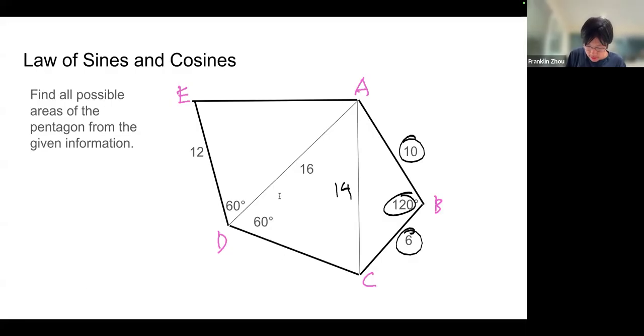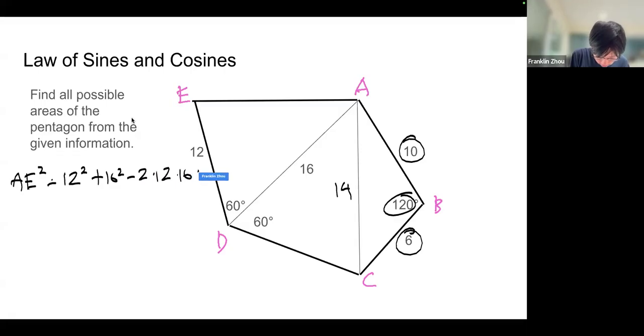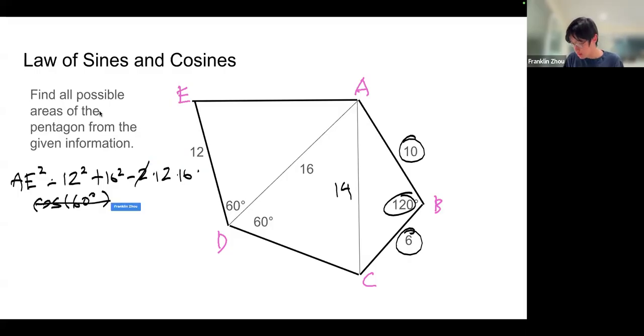But instead, let's just look at AE for now because it's good practice anyways. Since we know cosine of 60 degrees is 1/2, that cancels with the 2 here, and we can just evaluate this.